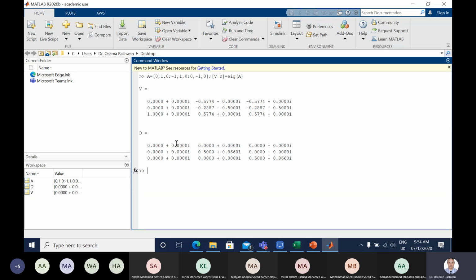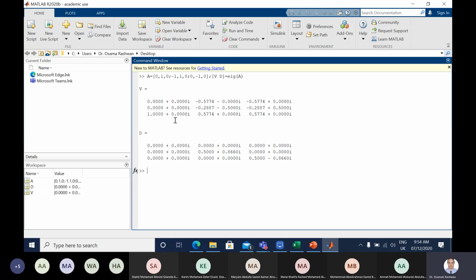Okay, so you have 0 here for lambda 1, and you have 0.5 plus 0.8660i, and lambda 3 is 0.5. Of course, it's the conjugate of the second one, because if you have a complex root, the conjugate will also be a root of your function, or solution of your equation, right? So this is only what you have to do. X1 is 0. This is 0, and this is 0 and 1, right?